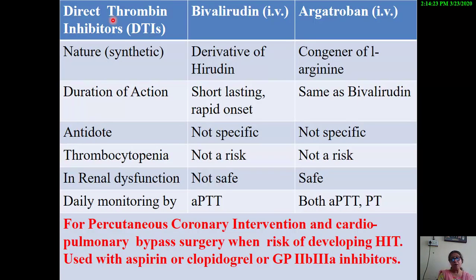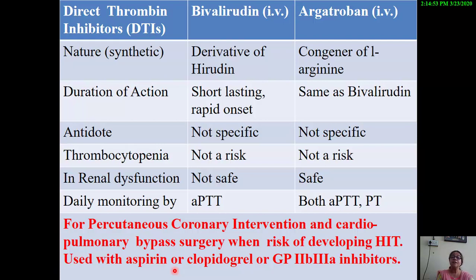Okay. Now, those parenteral compounds which are direct thrombin inhibitors, they primarily include two types of compounds. There are some compounds which are said to be hirudin derivatives. Now, hirudin is the active principle or the active component found in the saliva of leech, which is responsible for the anticoagulant effect of leech.